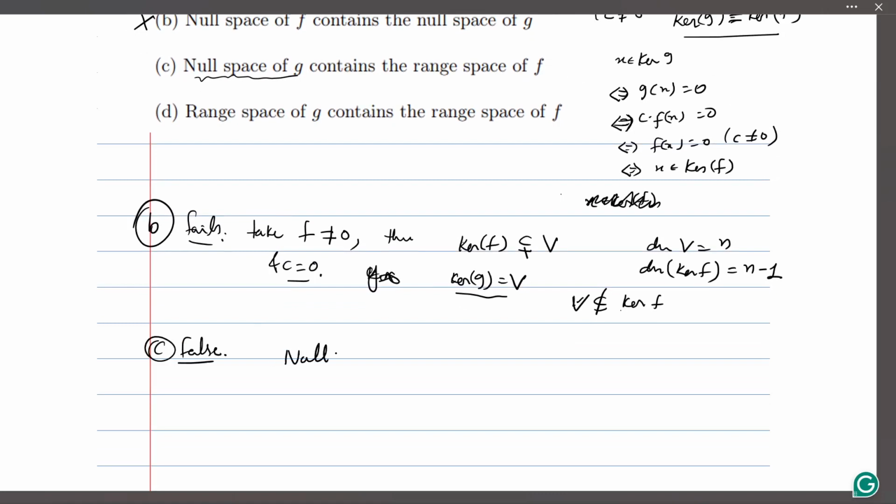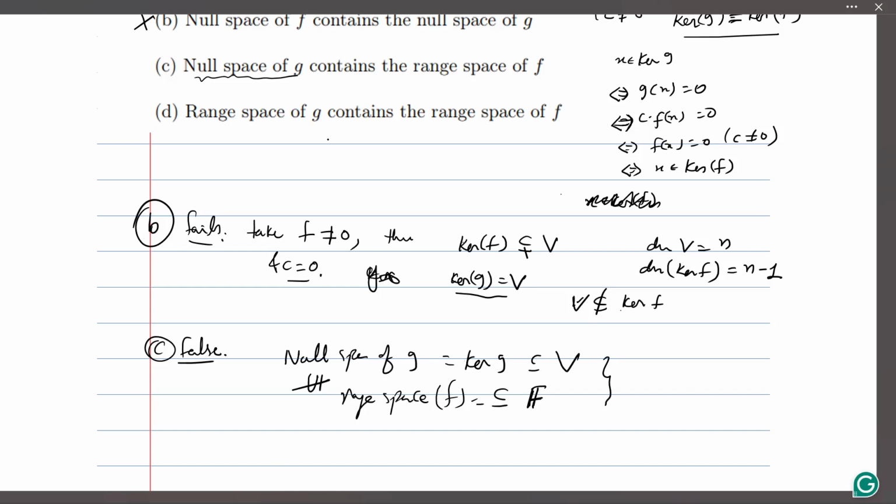The null space of g, which is kernel g, is a subset of V. And the range space of f is a subset of F. They are not subsets of the same set. So how can one be contained in the other? It means there is no connection. So this is anyway false.